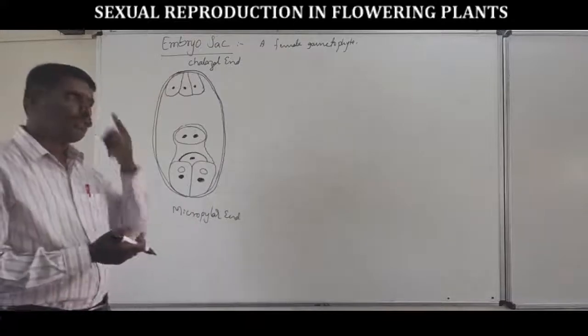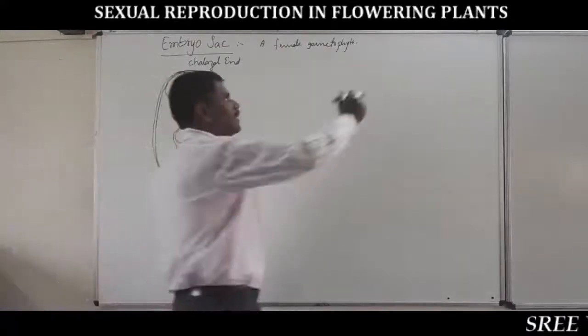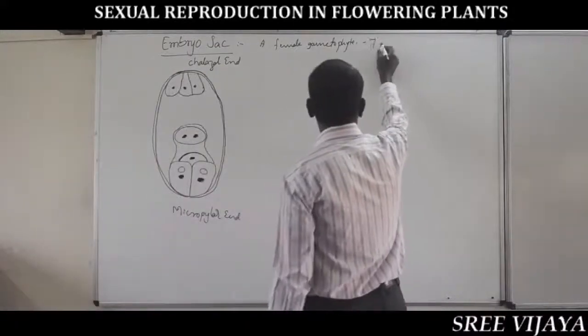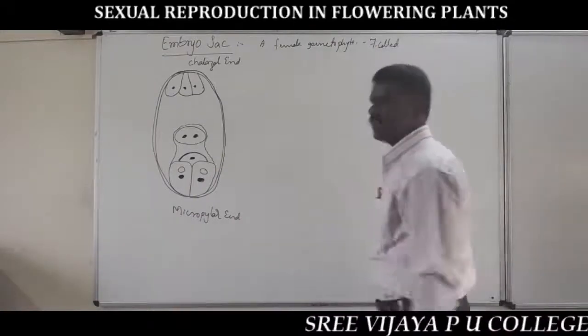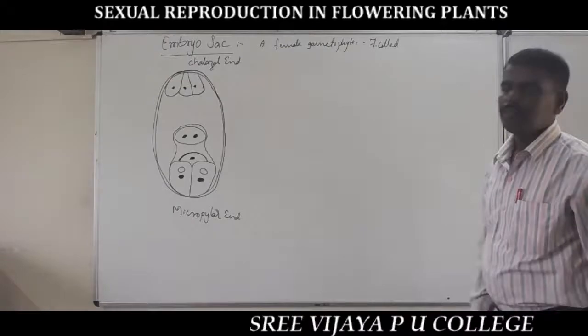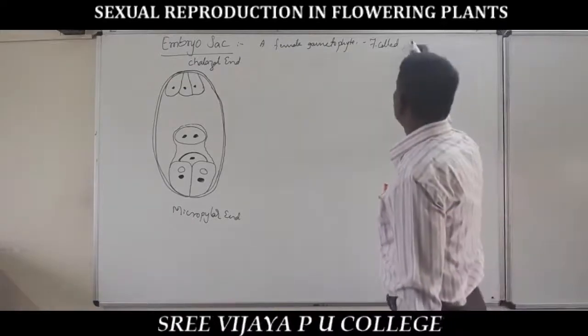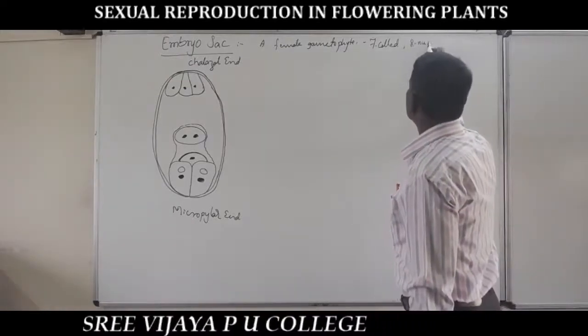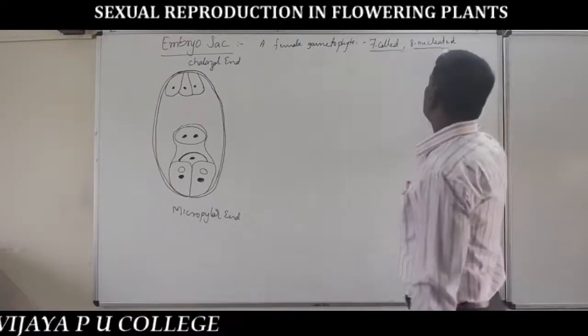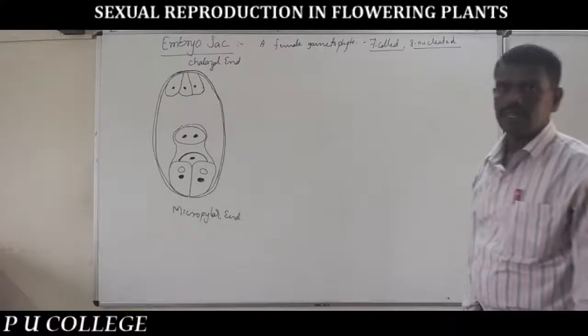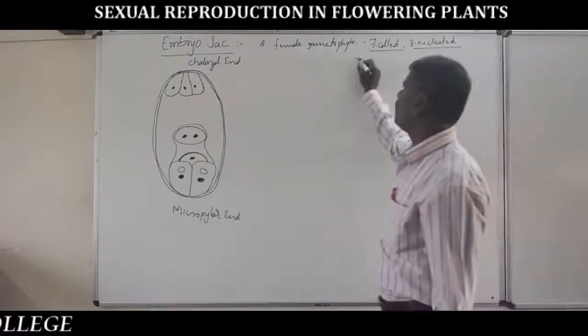The female gametophyte is always seven-celled and eight-nucleated, very important. Which are the seven cells?